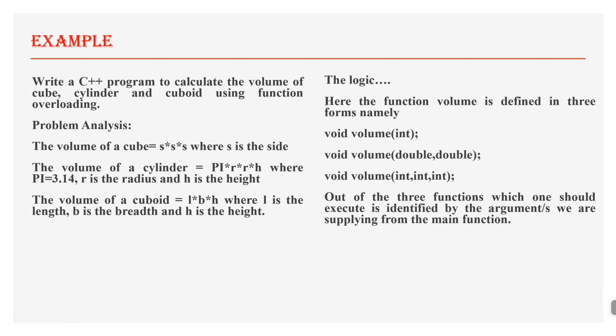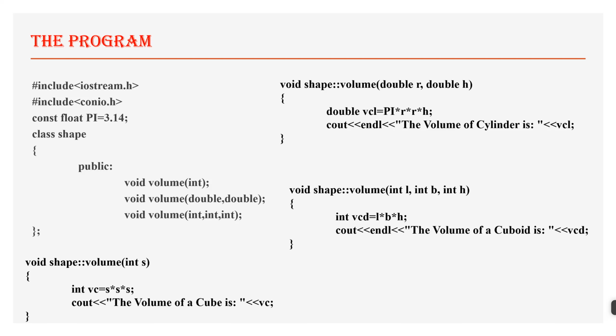Suppose if I want to find the volume of a cylinder, I am supplying radius as well as height from the main program. If I want to find the volume of a cuboid, then I will be sending length, breadth and height from the main program to the subprogram. That's why I don't require any elements to be declared here.